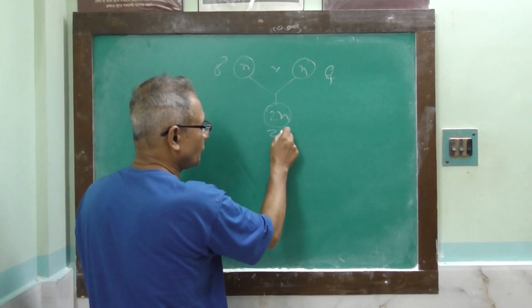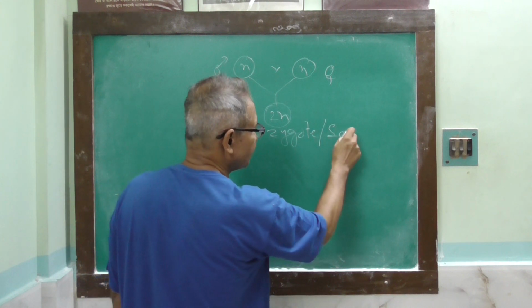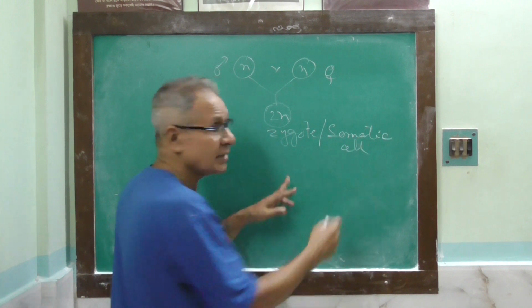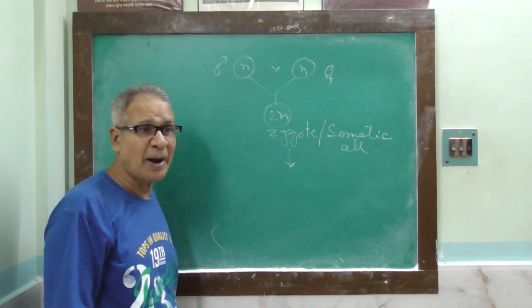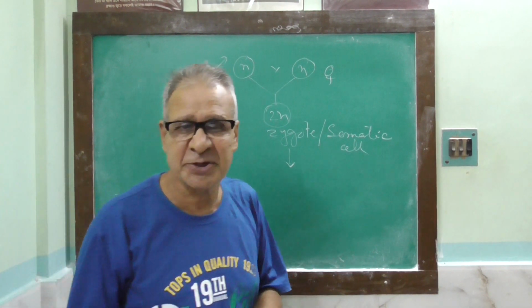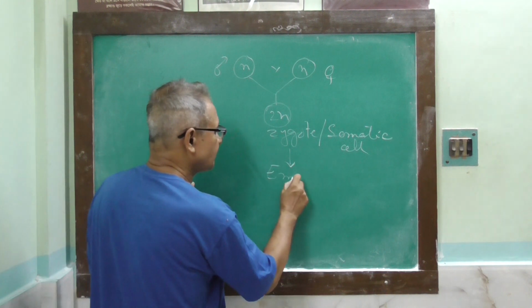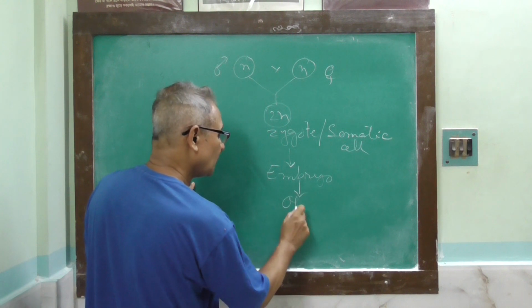This zygote is a somatic cell. From this zygote, by repeated mitotic cell division, an embryo and ultimately an offspring is produced.